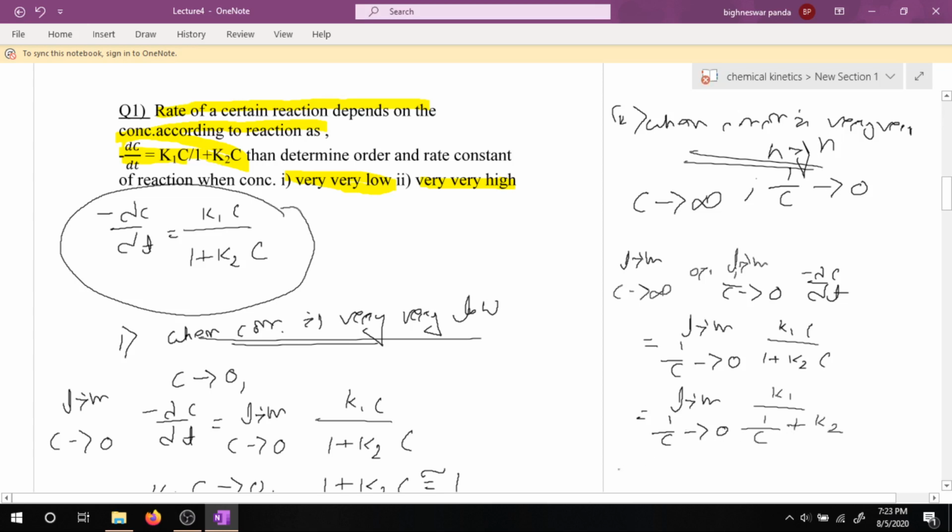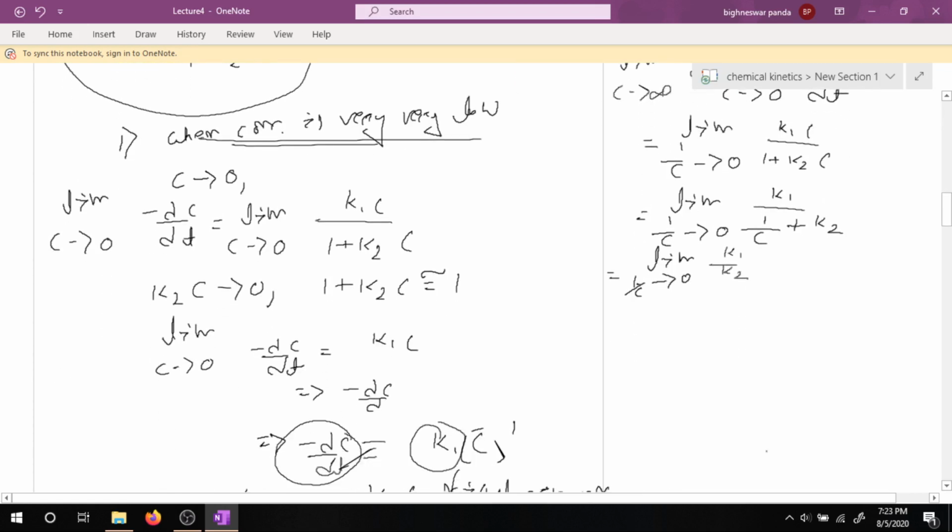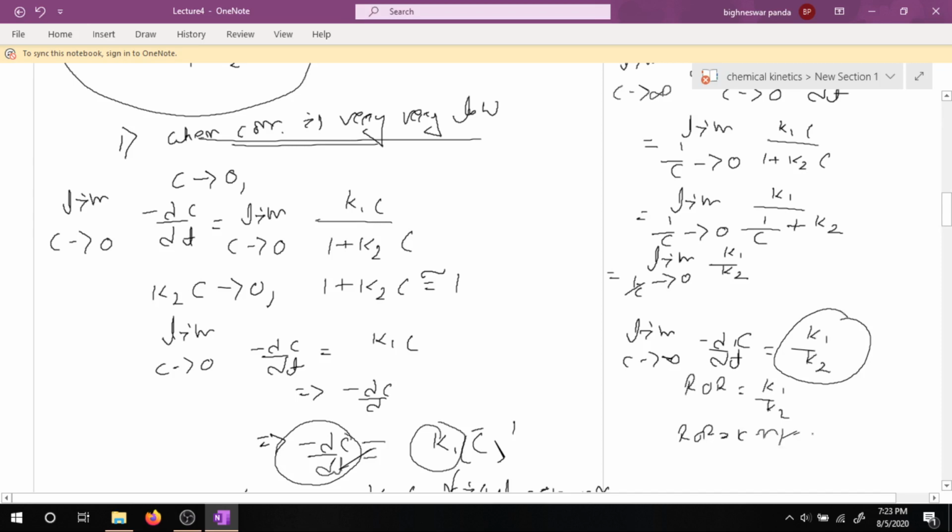Since 1 by C tends to 0, this is equal to k1 by k2. So when the concentration is very high, minus dC by dt equals k1 by k2, which is a constant rate of reaction. Since the rate of reaction is constant, it is a zero order reaction.